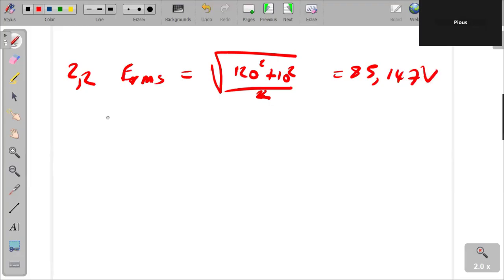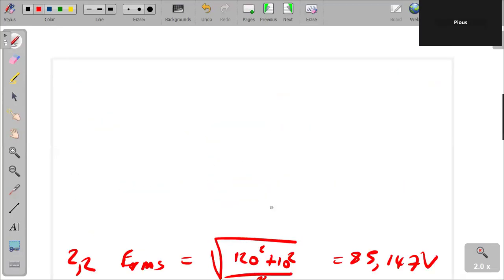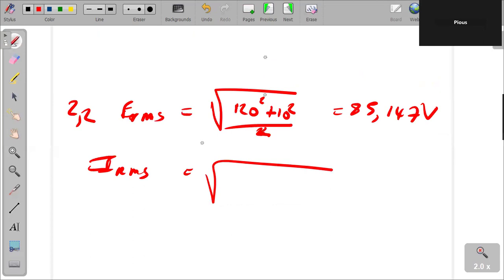Let's go to IRMS. It also follows. It is the square root of, I hope we are following this from the expression. That's where we took that 120 and this 10. And then we go to the expression for current again, 0.759 squared plus 0.26 squared divided by 2. And that will give us 0.567 amperes.